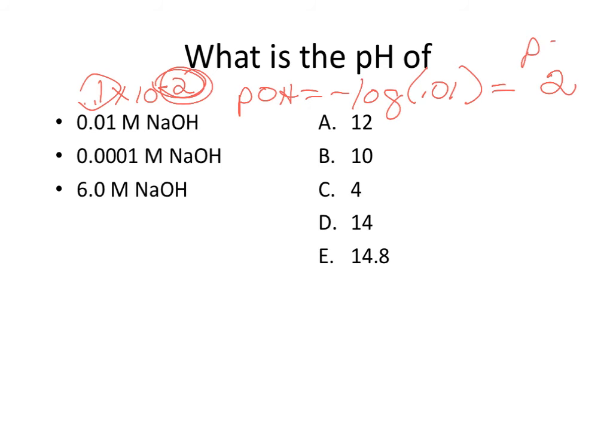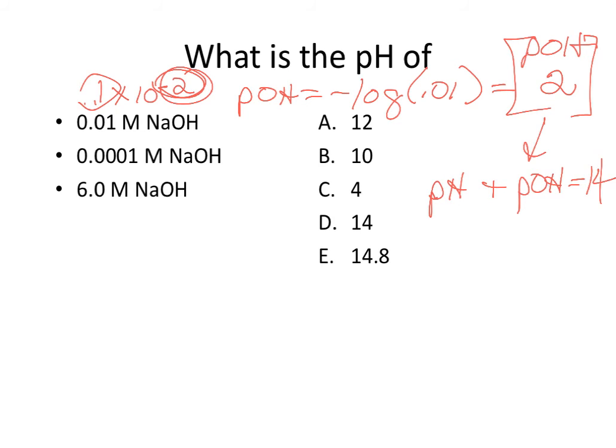And so the pOH, be careful because this isn't pH, this is pOH, is 2. So to find pH, you need to remember the relationship that pH and pOH when added together equal 14. And so if pOH equals 2, that means that pH is 12.